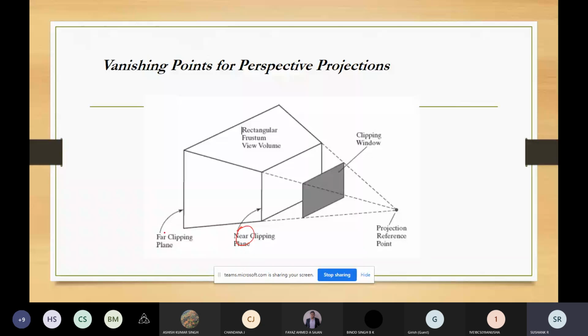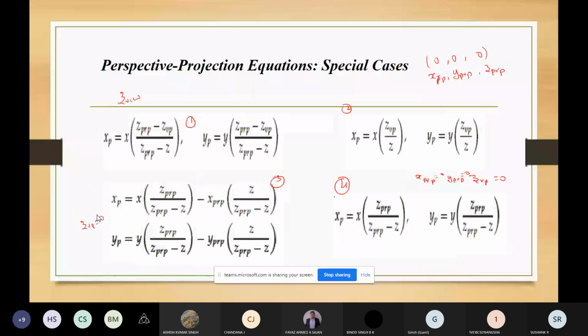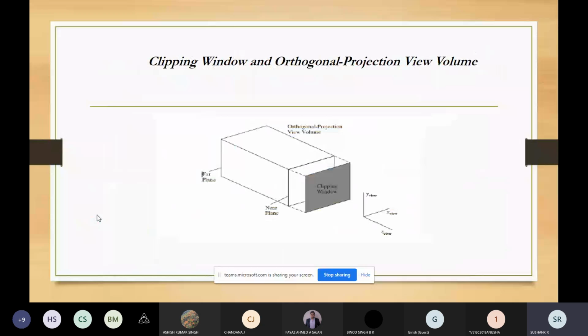There we had drawn something like this, in front of the clipping window, the near clipping plane and far clipping plane. Here also you can see the near clipping plane and the far clipping plane.